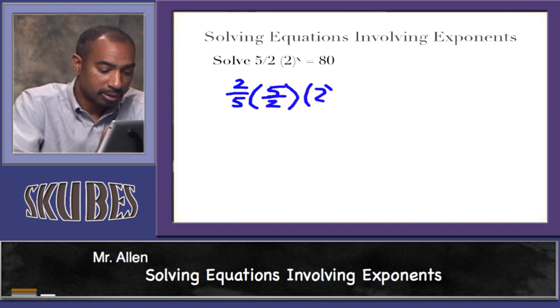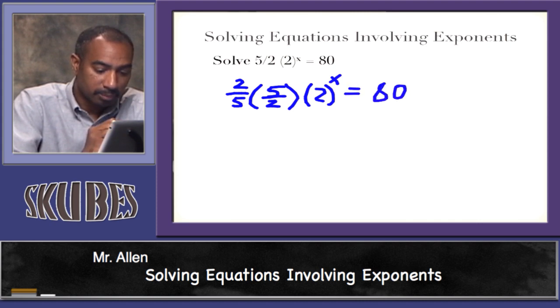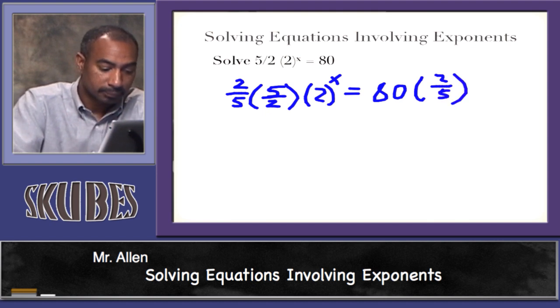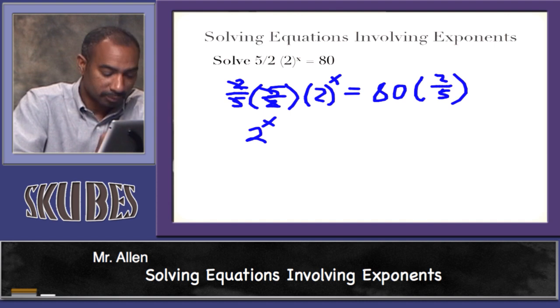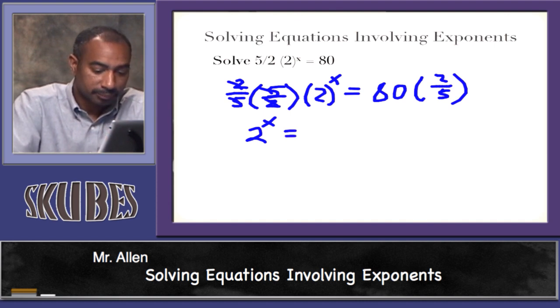This is 2 to the x. And I'm going to multiply this by 2/5. So the reason I do this is the fraction is going to cancel out, and I get 1 times 2 to the x, so I have 2 to the x power by itself.